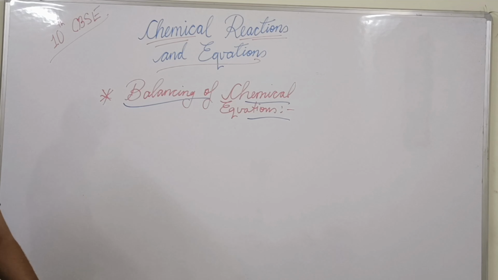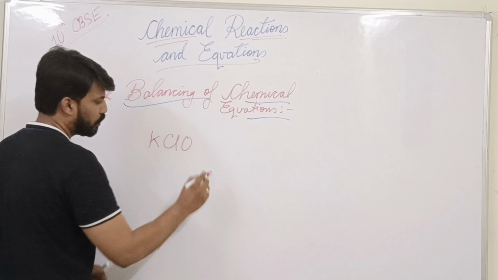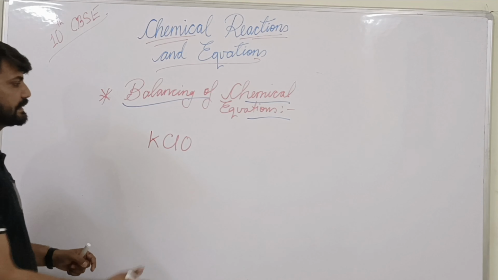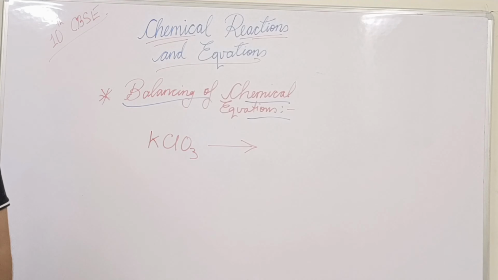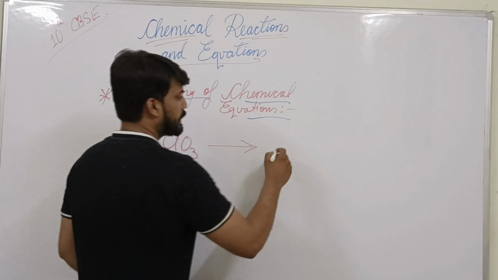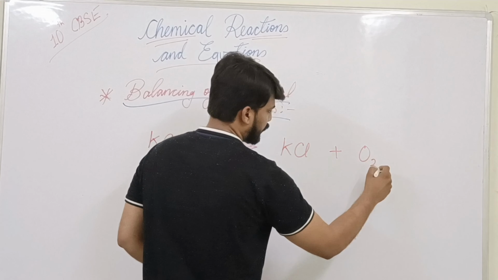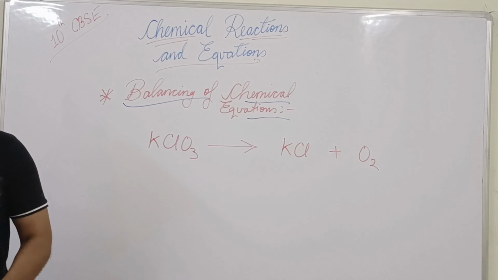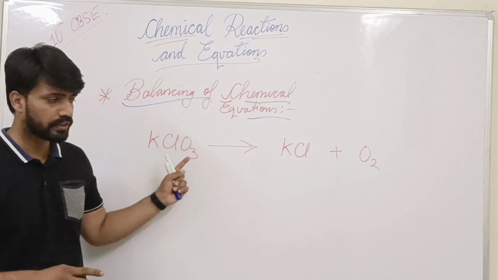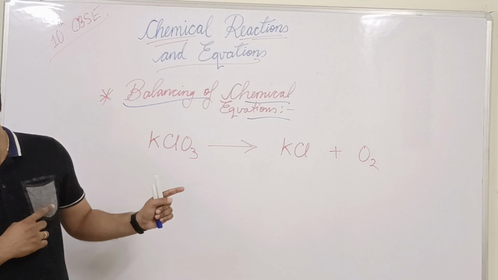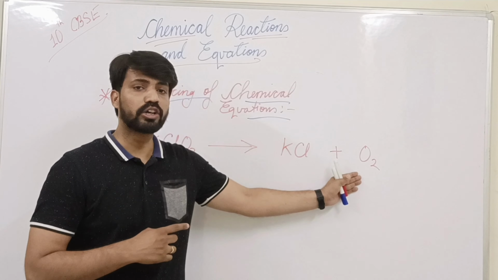So I am taking KClO3, that is potassium chlorate, which gives KCl, potassium chloride, plus oxygen, that is O2. Is it clear? So this is my reaction where this is potassium chlorate, this is potassium chloride, and this is oxygen.